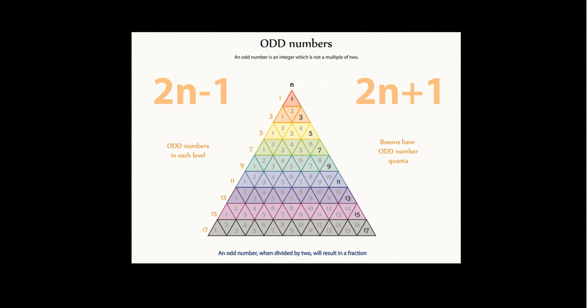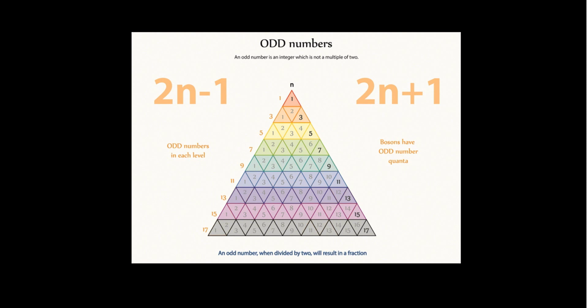Every line in an equilateral triangle or a scalar triangle of energy, every transverse line is an odd number. There's 3 triangles in that energy level, 5 triangles in the yellow energy level, 7 Planck quanta in the green energy level, 9 Planck quanta in the aqua energy level, and so on, so forth.